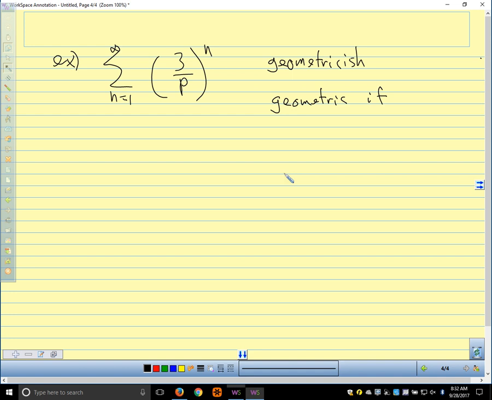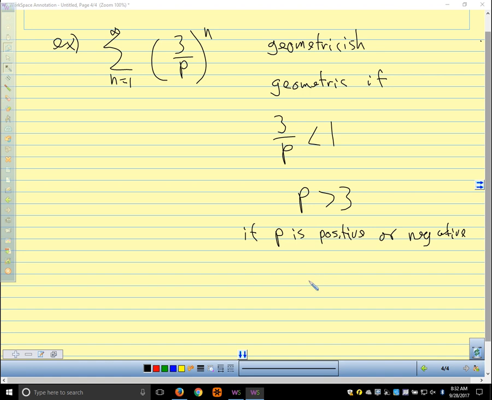All we need is that 3 over p is less than 1, so p has to be greater than 3. If we want p to be positive or negative, all we need is the absolute value of p to be greater than 3, and then this series would converge.